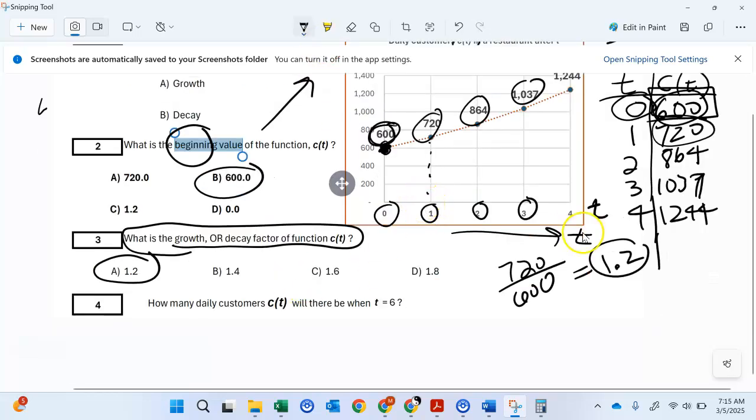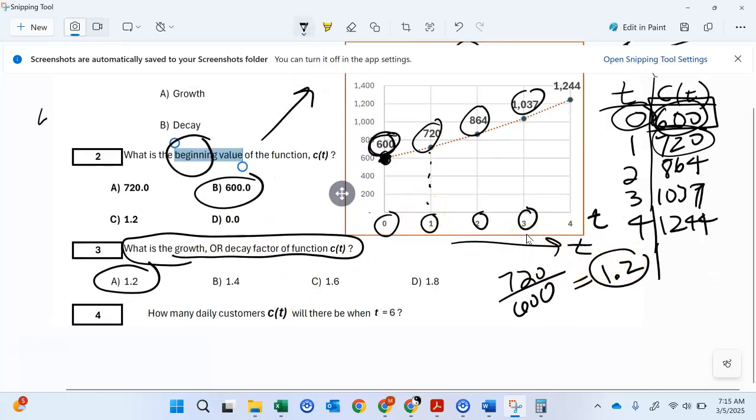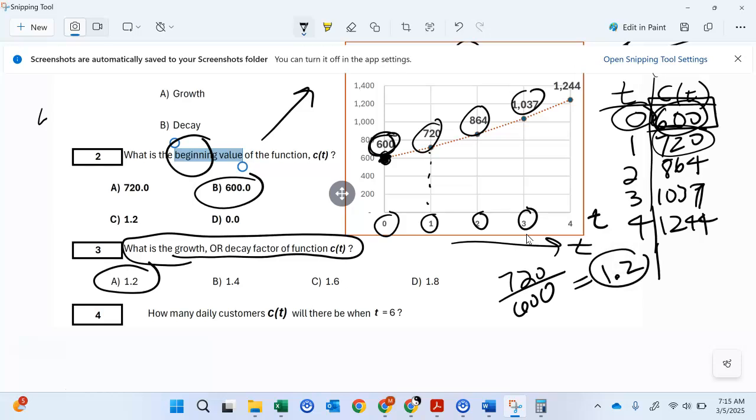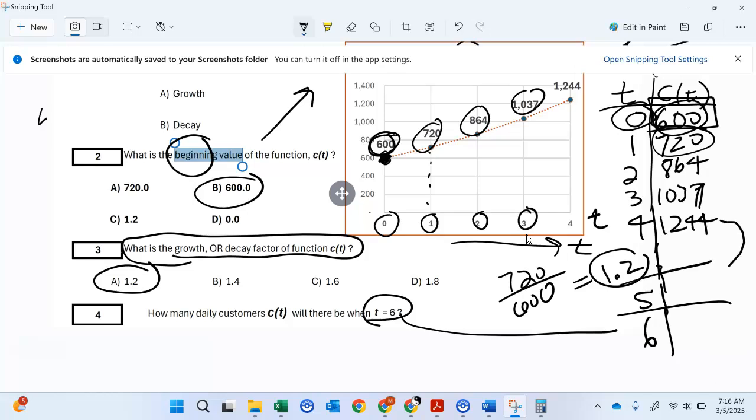The next thing is, how many customers are there when t is equal to 6? So we go 5, 6, okay, when t is equal to 6. Well, first we got to get from here to here.